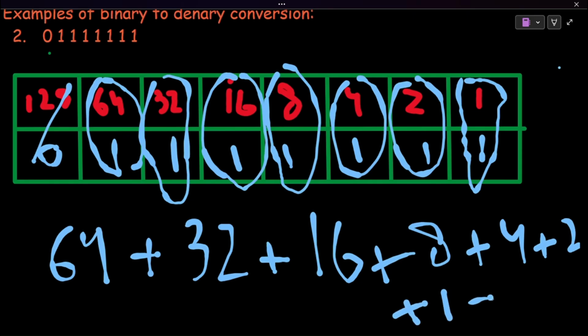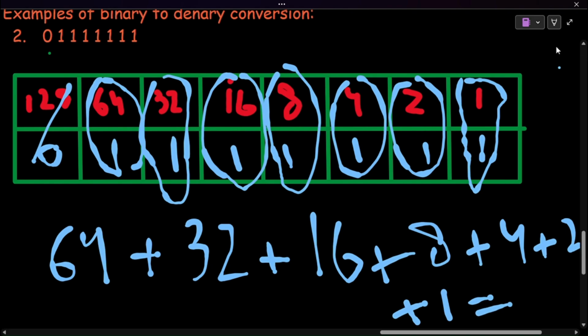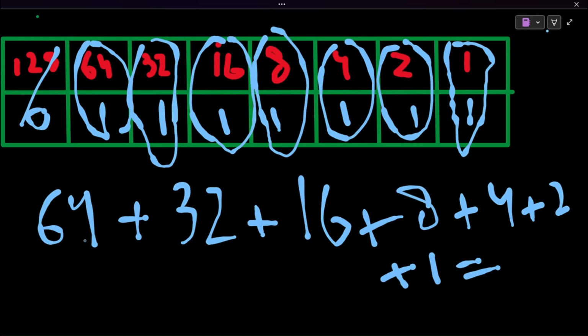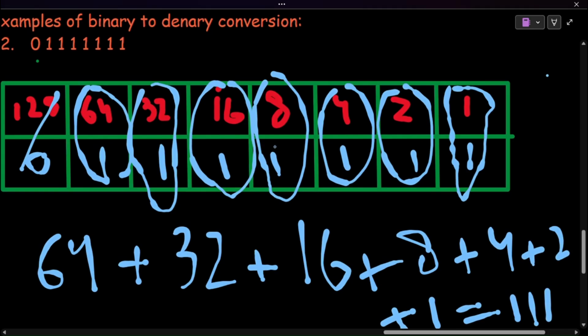So let me calculate what we get after adding all of this. Okay, so the number we get by summing these all is 111. So this is our final answer, 111, that was represented like this in binary.